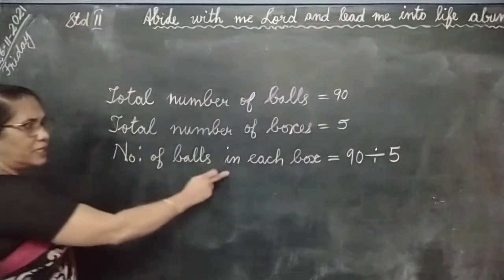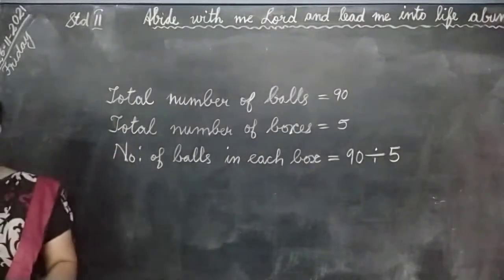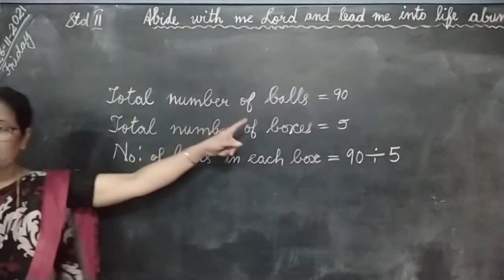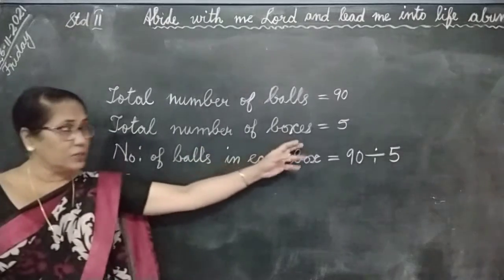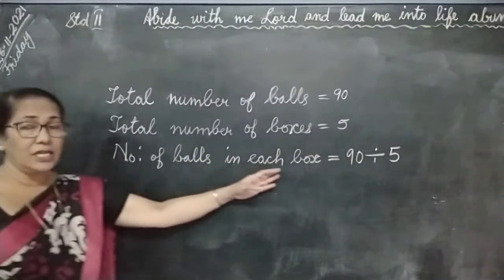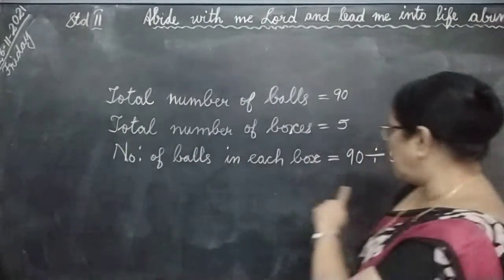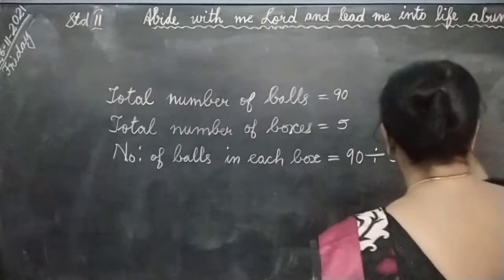The first statement is total number of balls, that is 90, and total number of boxes is 5, and number of balls in each box is 90 divided by 5. Now we are going to divide this.